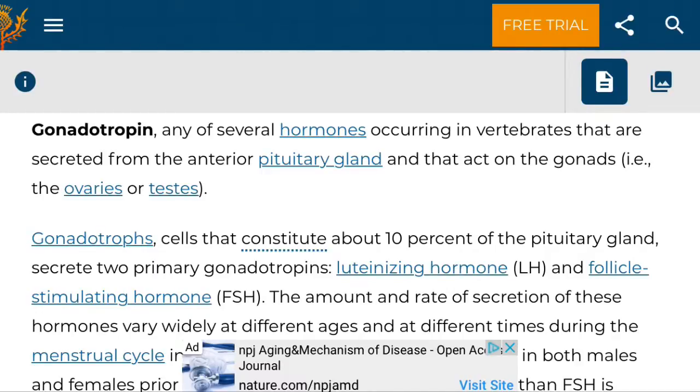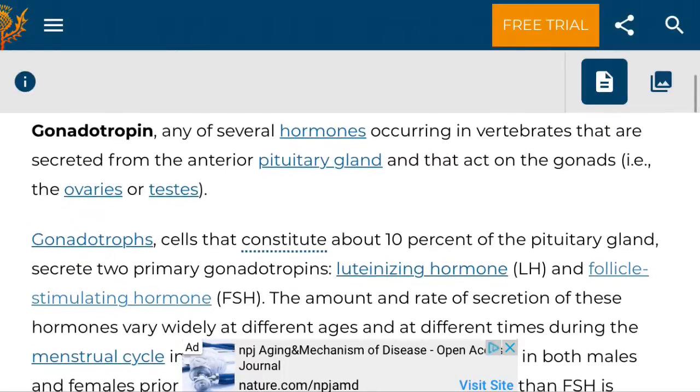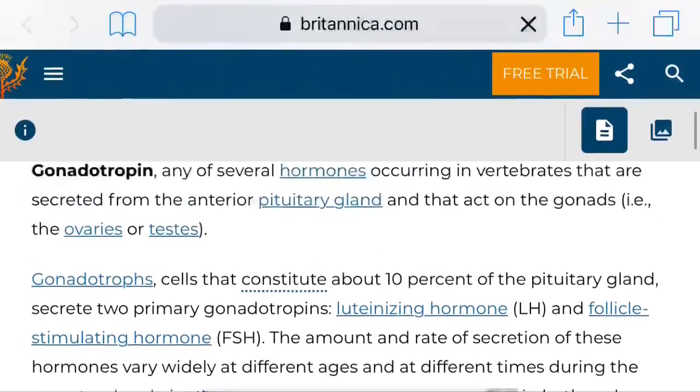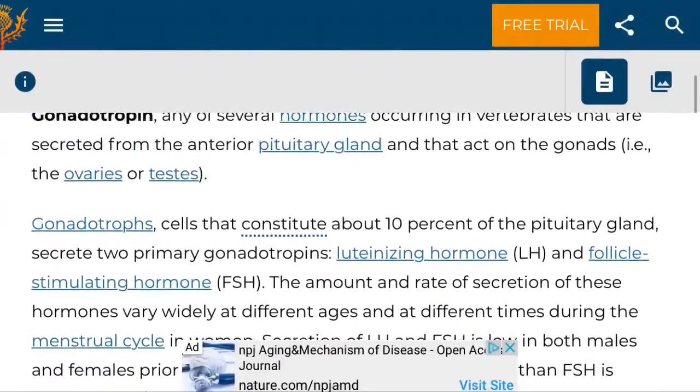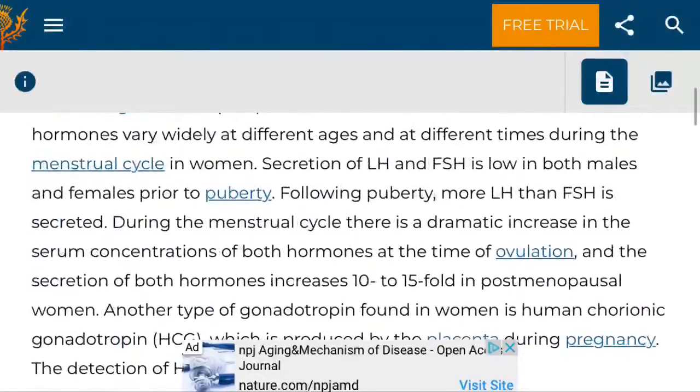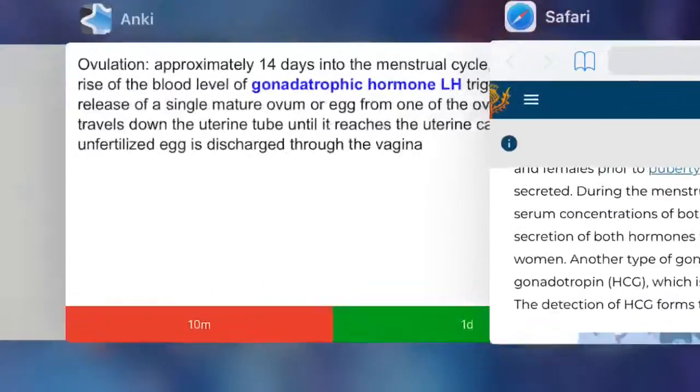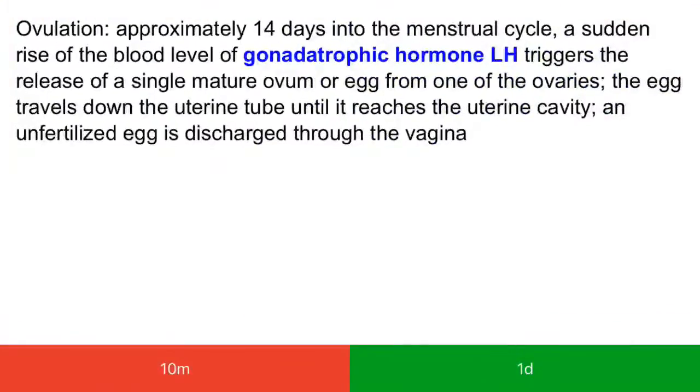There are two parts of the pituitary gland: the adenohypophysis and the neurohypophysis, which is closely connected to the hypothalamus. Gonadotrophs are cells that act on the gonads. Luteinizing hormone is an example of a gonadotropin. Yeah, that answers our question.